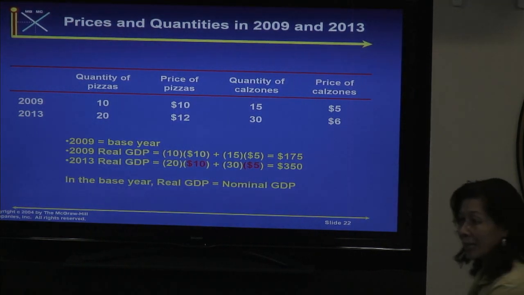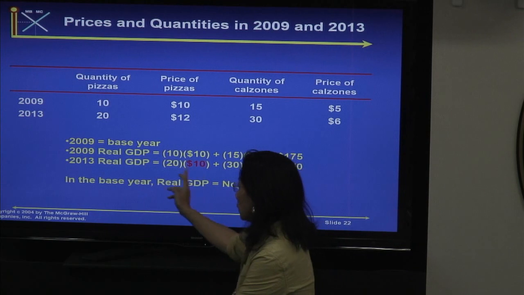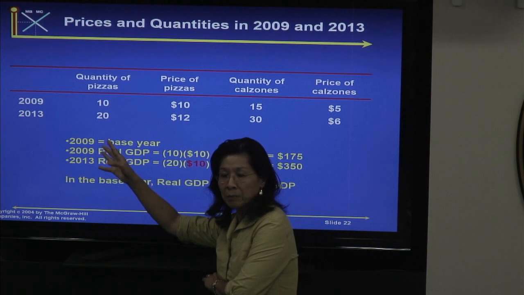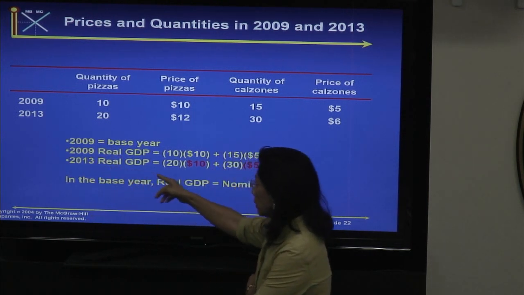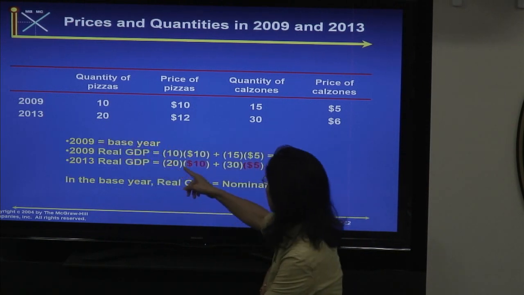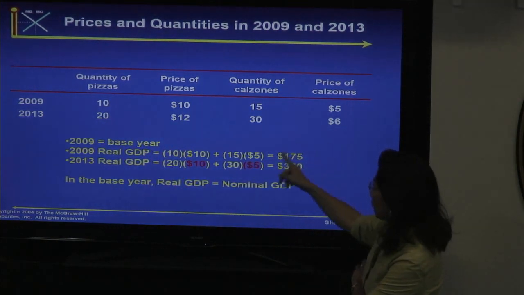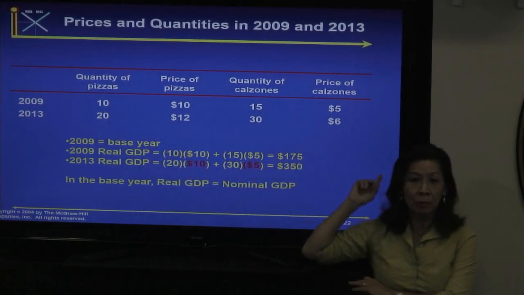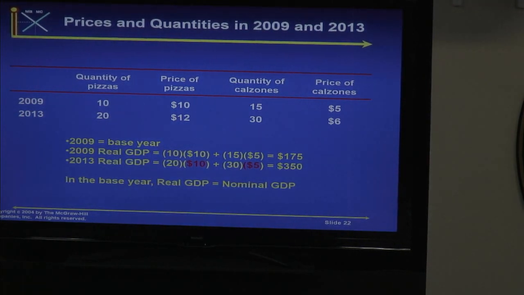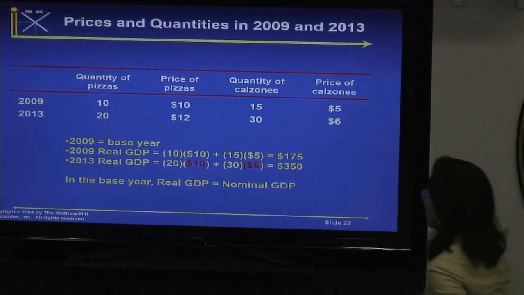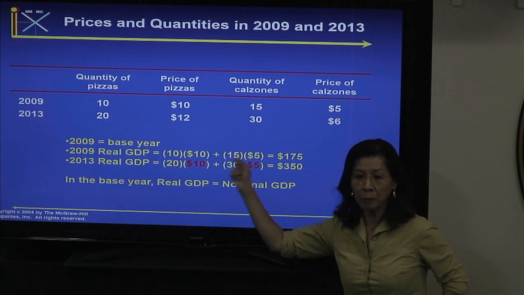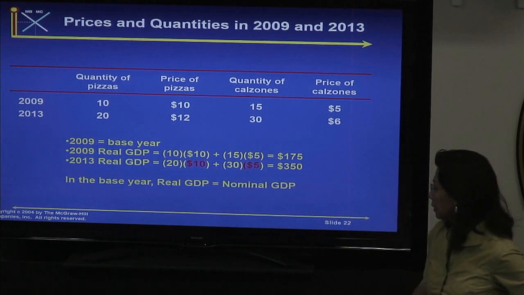However, for the second year, 2013, which you base off 2009, the base year, that's your current year. The real GDP would be, you take the physical volume, 20 and 30. However, instead of using the 2013 prices, you use the base year prices for the respective good. So in this case, that would be 10, and that would be 5. And if you use this method, you get this number to be 350.